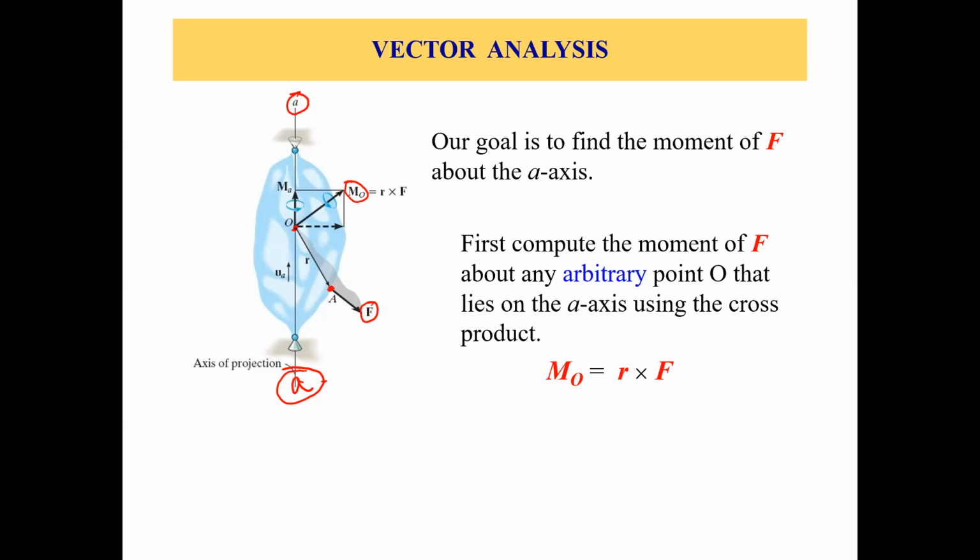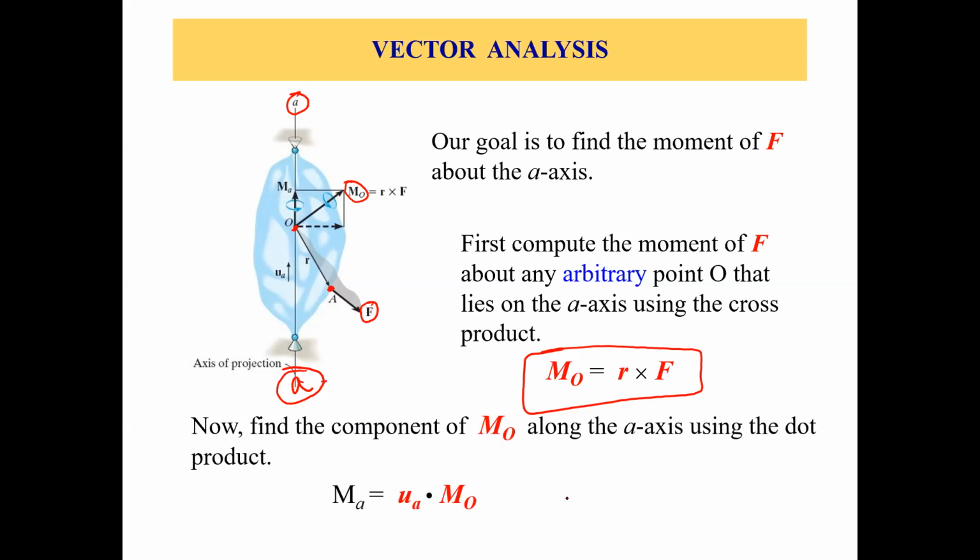This is your initial step. Once you find M sub O, we already know that, R cross F: the position vector between point O and point A, cross product with the force vector.